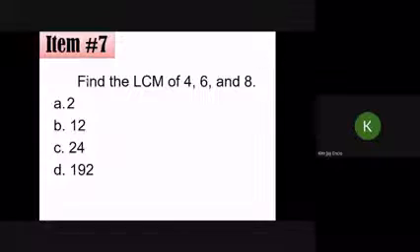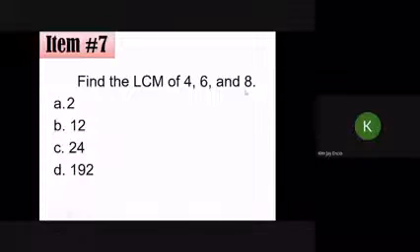The multiples of 3 are 3, 6, 9, 12, 15, and so on. For 5, that's 5, 10, 15, 20, and so on. And so in this problem, if you get the multiples of 4, 6, and 8, what will be the smallest number that is a common multiple of the 3 of them?